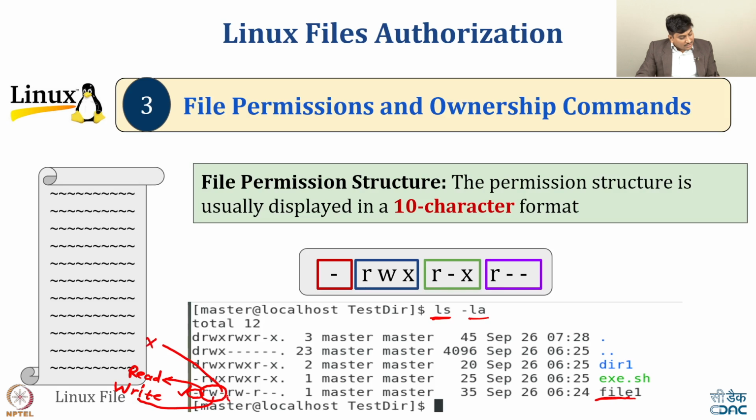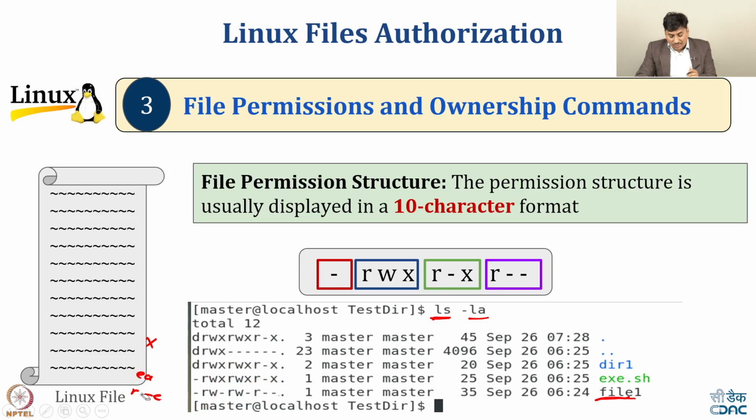The group, the next three characters, also has the read permission as well as the write permission. And others only have the read permission, they don't have the write and execute permission, right.